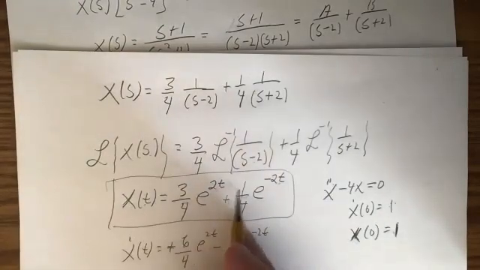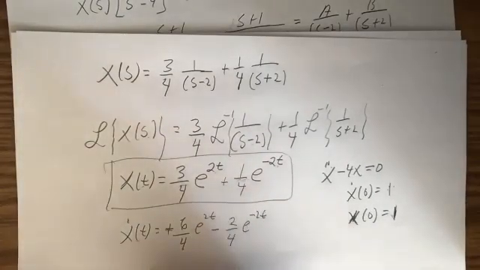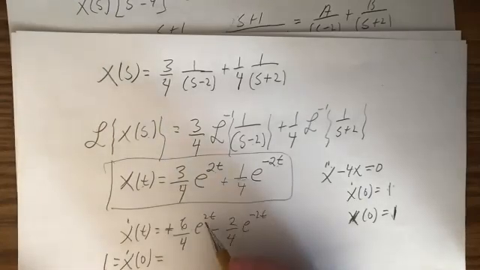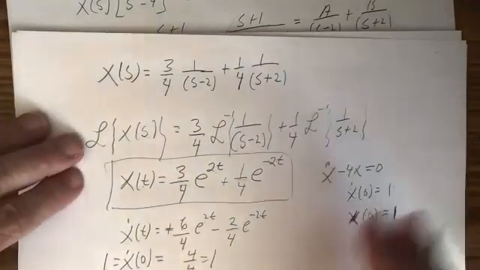Now when I put 0 in here, I'd better get 1. So I'm getting 4 over 4, which is 1. Okay, so the initial conditions check out.